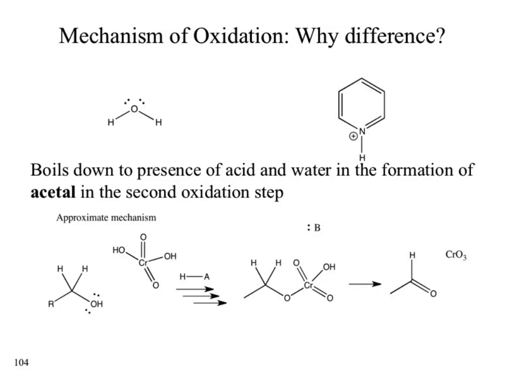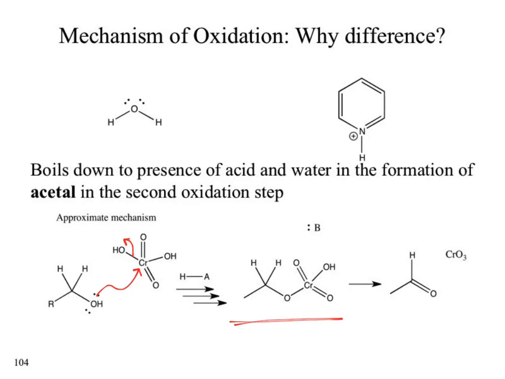And that does seem slightly odd, but it comes back to the characteristics of water and pyridine. Both of them will go through a sequence of steps. Your alcohol acts as a nucleophile and attacks the chromium. We end up losing a water from that structure, we lose the hydrogen, and we end up with our chromate ester. That structure falls apart to give us our carbonyl.